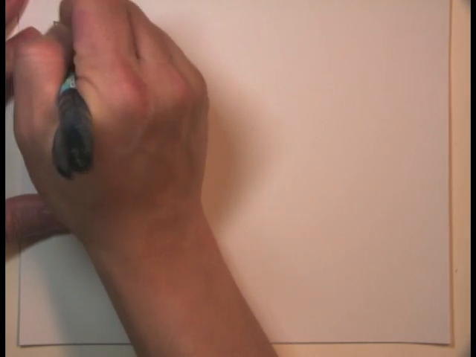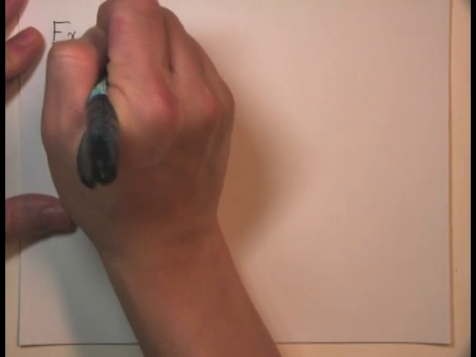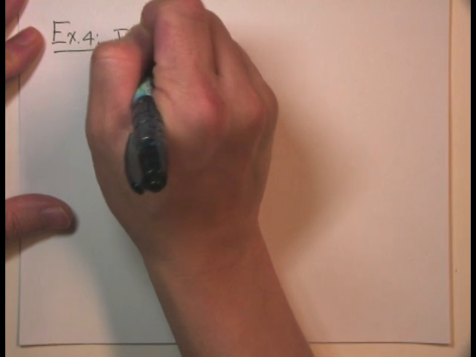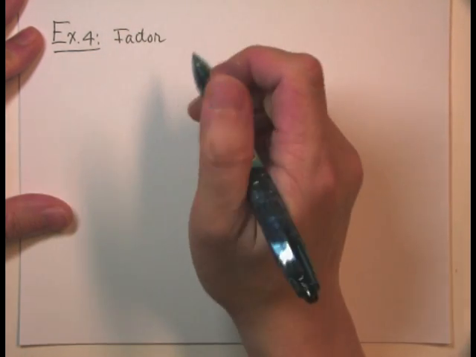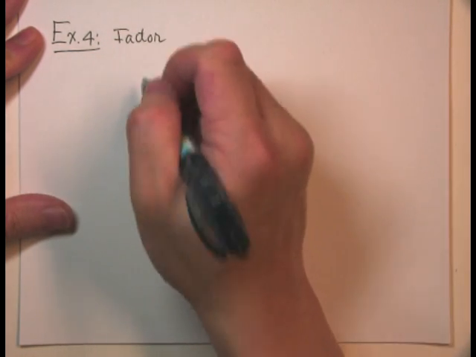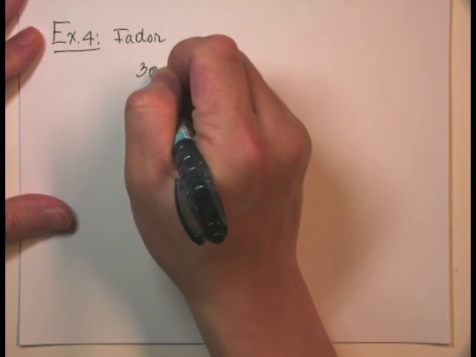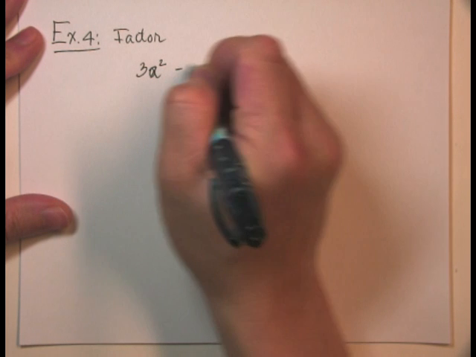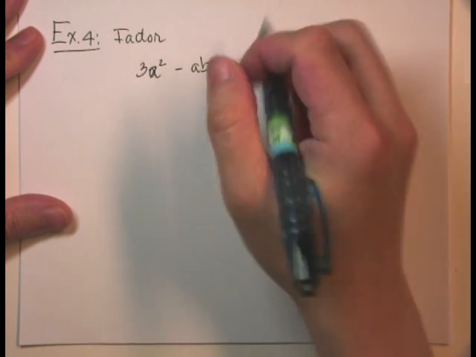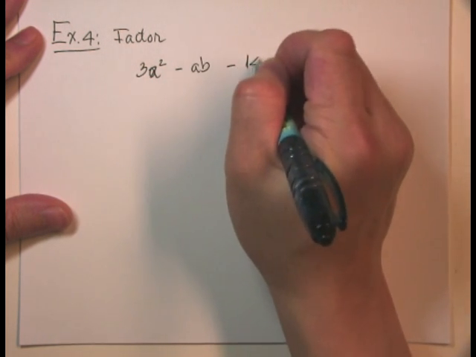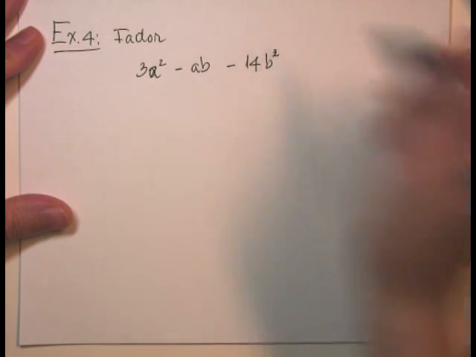In the last example, example number 4, the quadratic to be factored here is 3a squared minus ab minus 14b squared.